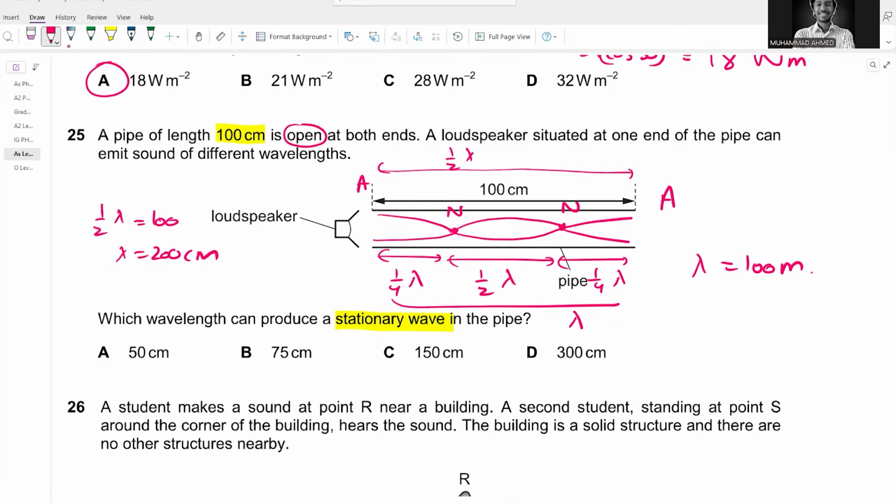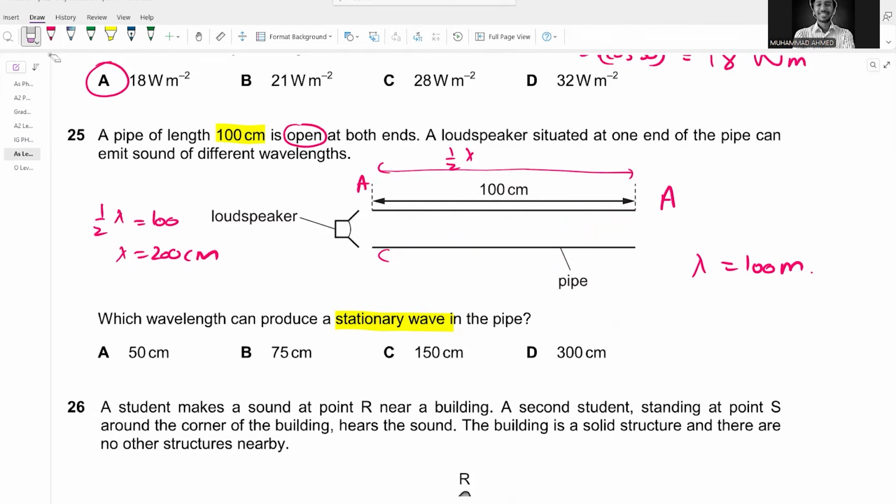Nope. Let's add another loop. Let's keep on adding loops until we get an answer that resembles one of the options. So let's add another loop here, like this.